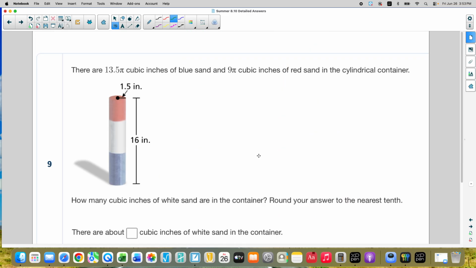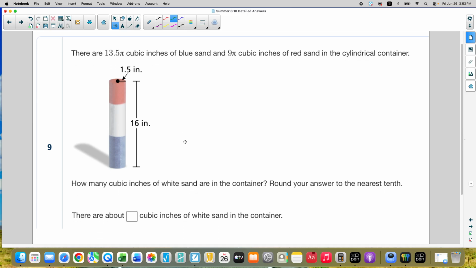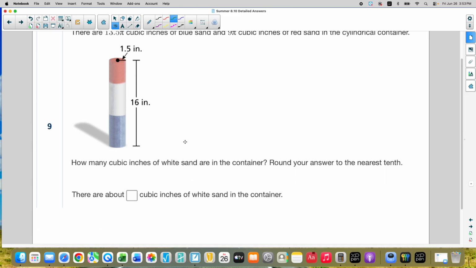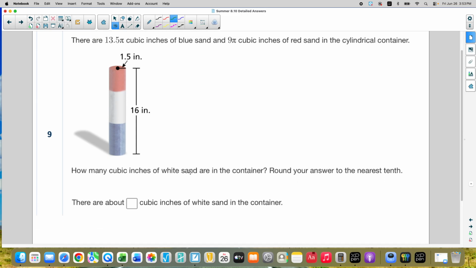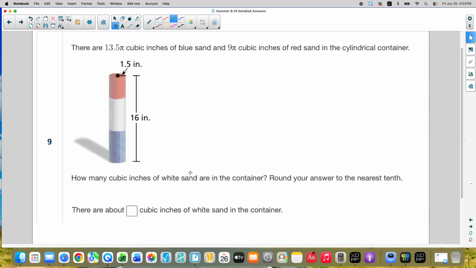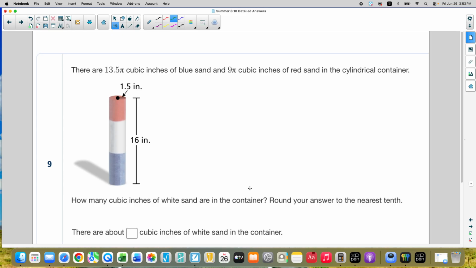So there are 3.5 pi cubic inches of blue sand and 9 pi cubic inches of red sand in the cylindrical container. Okay, how many cubic inches of white sand are in the container? Round your answer. All right, so we have to solve.